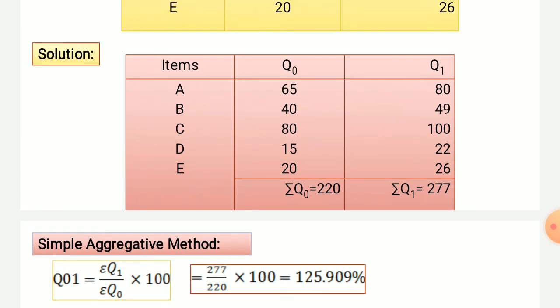Sum of Q1, total of current year quantity equals 277. Total of base year quantity equals 220.